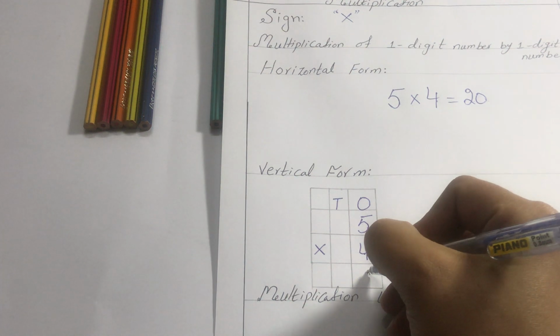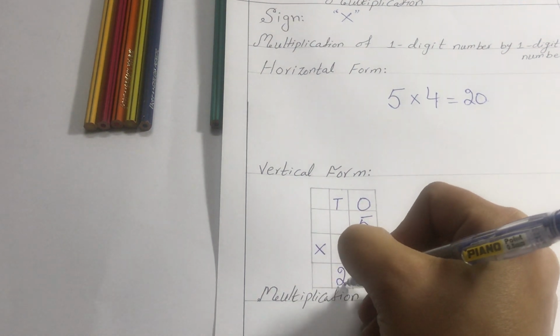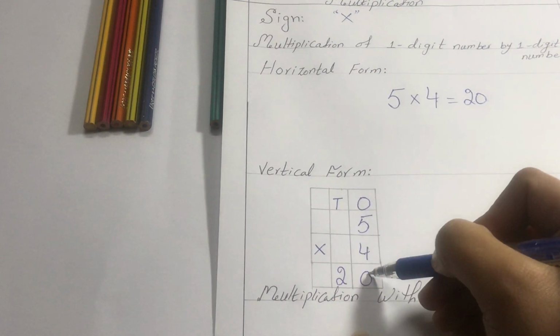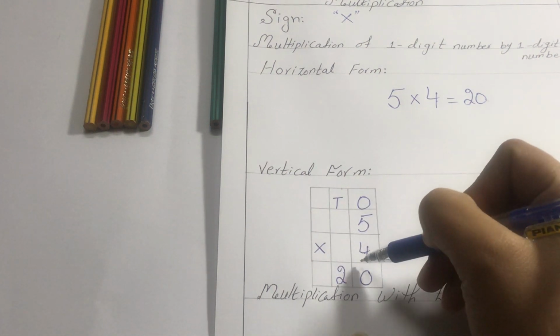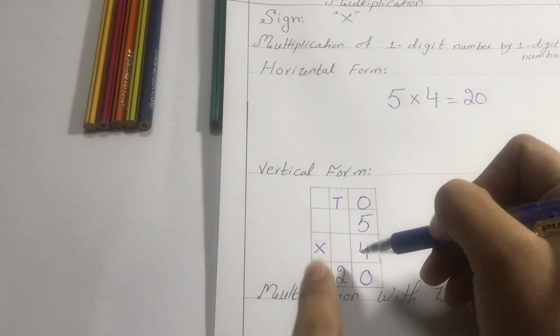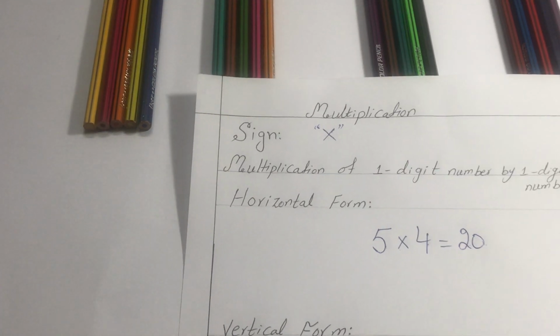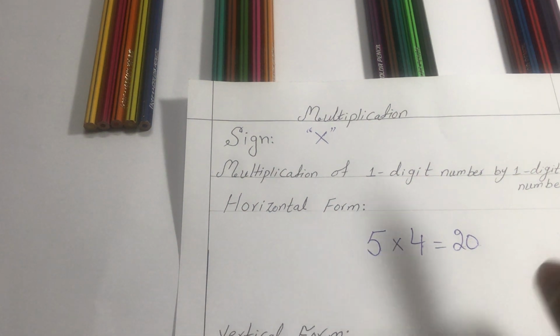So you will write the digits in their proper place value, right? You will write 0 in the ones column and 2 in the tens column, because 20 is a 2-digit number. Understood?